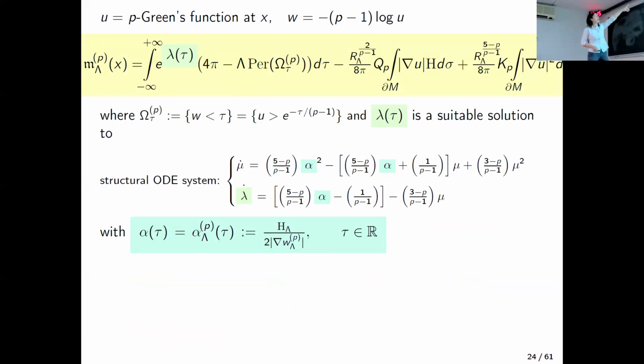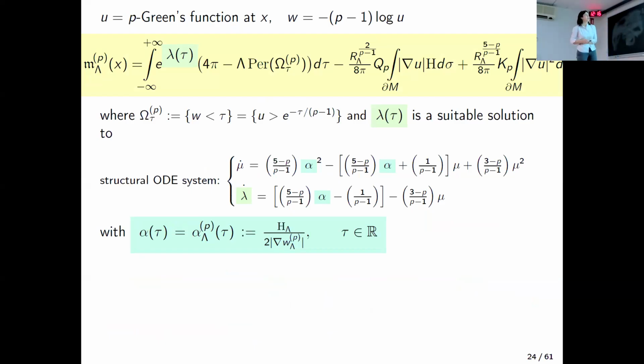Now, let me comment on this function little lambda here. It is important that little lambda satisfies what we call a structural ODE system, where not just lambda appears, but most importantly the mu function, which does not appear in the expression of the total mass but will appear as a sort of limit.